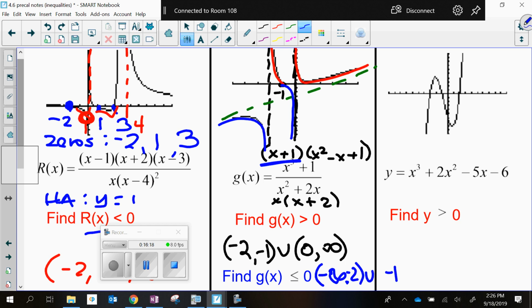And we got the less than or equal to, so we need to include it. And we go to what? And we want to include 0? The vertical asymptote. Do we want to include a vertical asymptote? No. So -1, comma 0, parentheses. Okay, that's it.